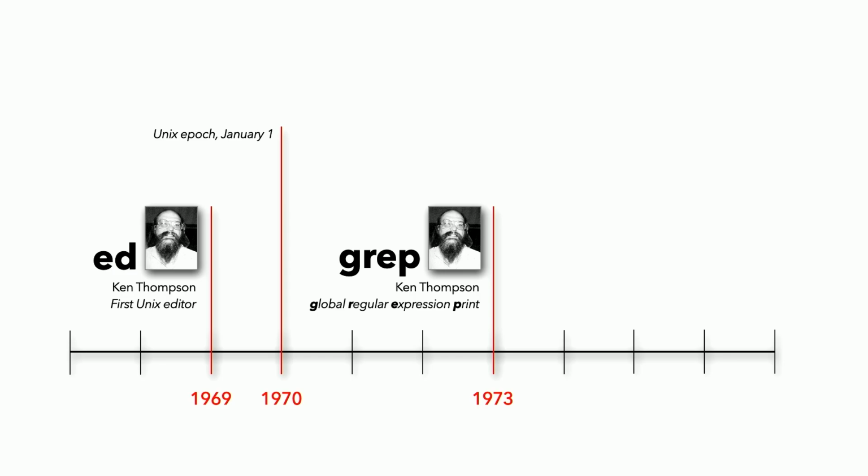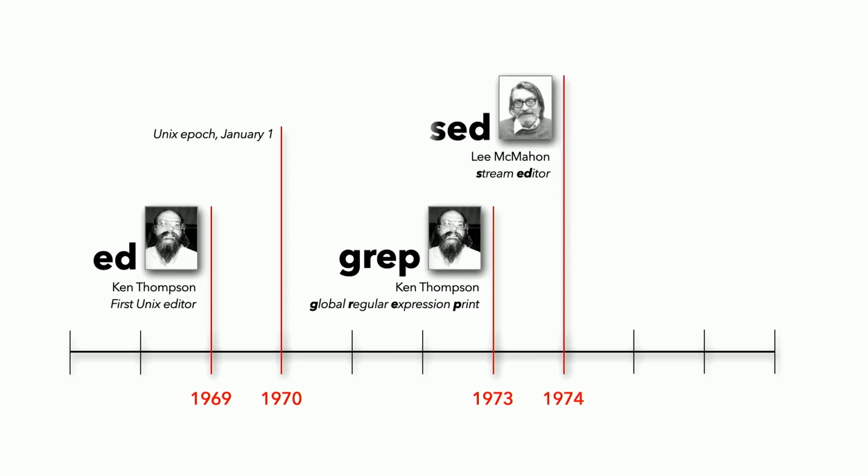Grep was very successful, and it inspired Lee McMahon to build on it to create GRES, G-R-E-S, which stood for Global Regular Expression Substitution. Later, GRES morphed into what we know today as SED, which is short for Stream Editor. SED took a key element from ed, its substitution syntax.